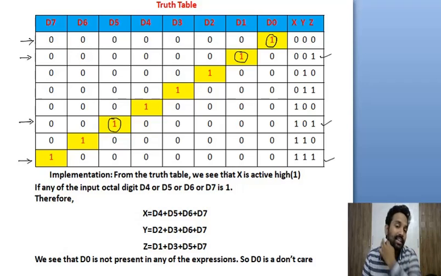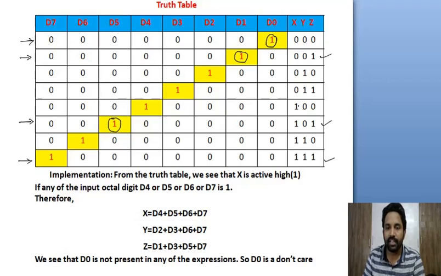Next we need to implement the logic diagram. So for that, what are the outputs here? X, Y, Z are the outputs. Observe the column of the X output, and the Y output and Z output.